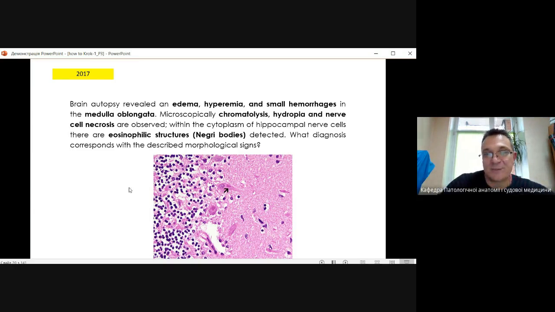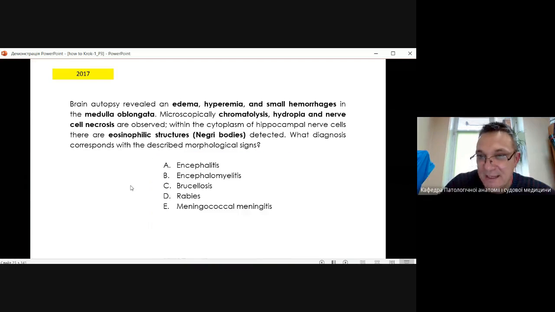What diagnosis corresponds with the described morphological signs? You have to choose one of these options: encephalitis, encephalomyelitis, brucellosis, rabies, meningococcal meningitis, or encephalomyelitis.